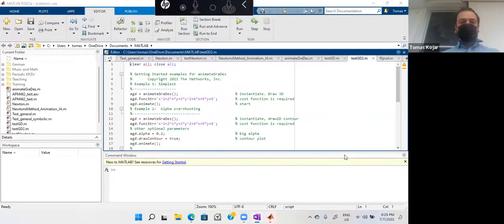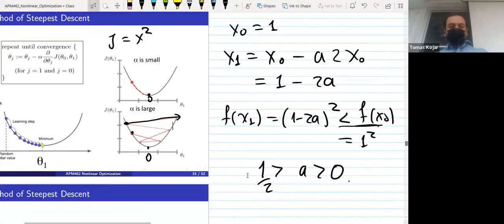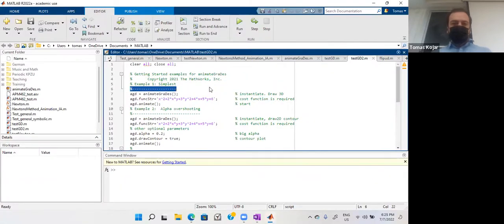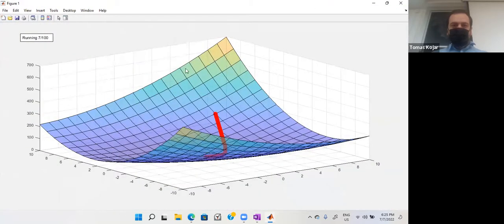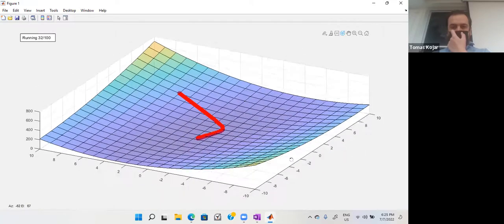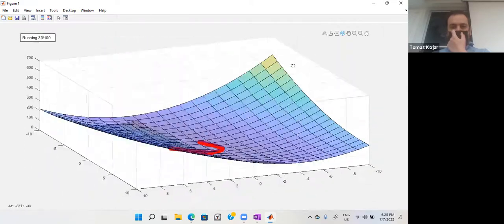Now some simulations. So this is our graph.